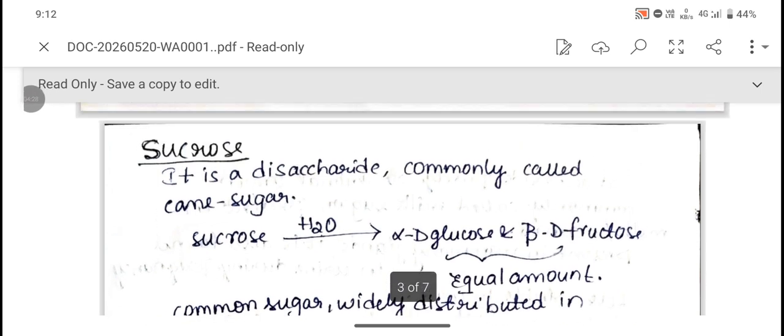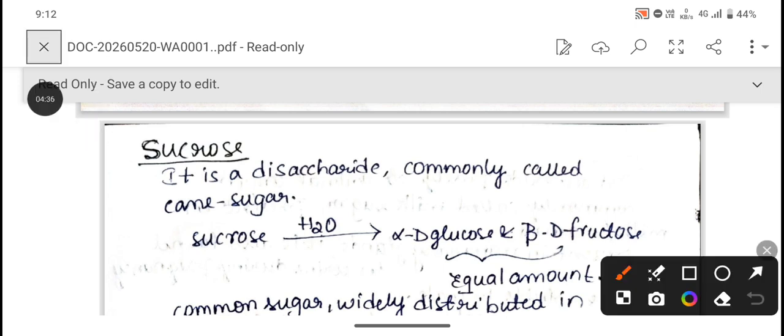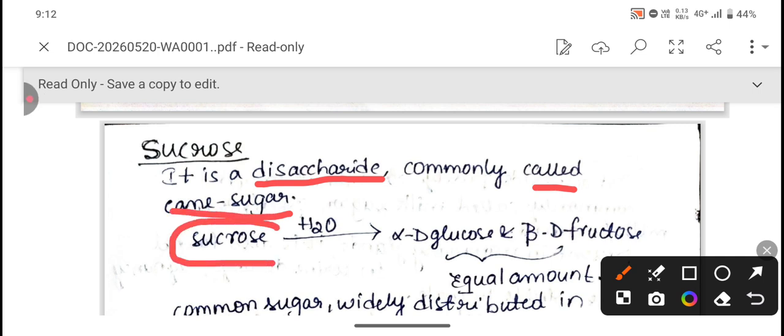So let's discuss an example. Sucrose is a non-reducing disaccharide, commonly called cane sugar. As sucrose consists of two subunits in its composition, upon hydrolysis it will give alpha D glucose and beta D fructose in equal amounts.